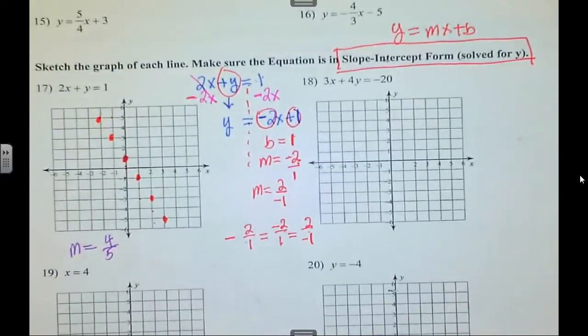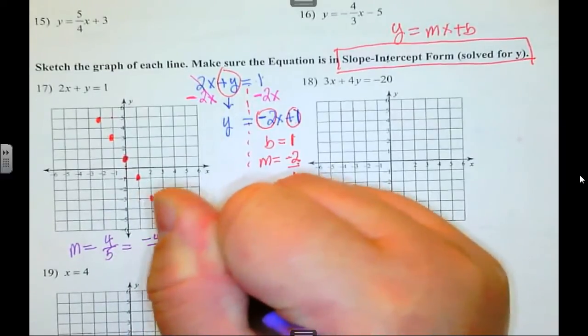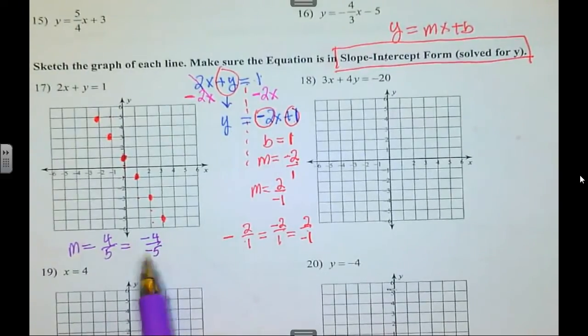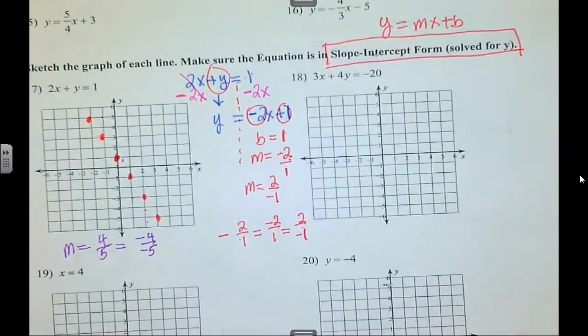Another way to write 4/5 is negative 4 over negative 5. And again, it all depends on how it's going to fit on my graph which one I'm going to use. They're the same, except one goes in one direction and the other goes in the other direction. That's all.